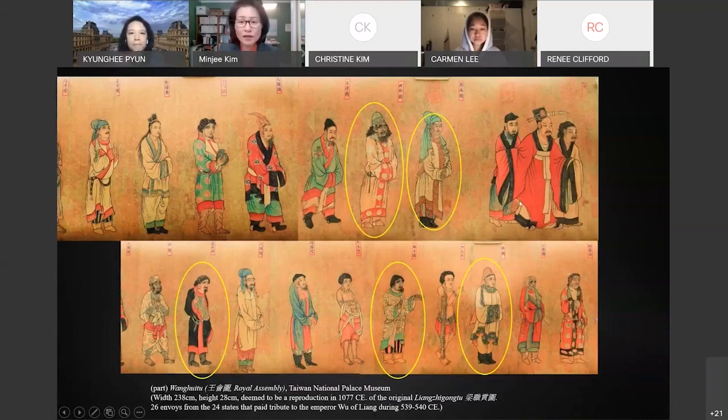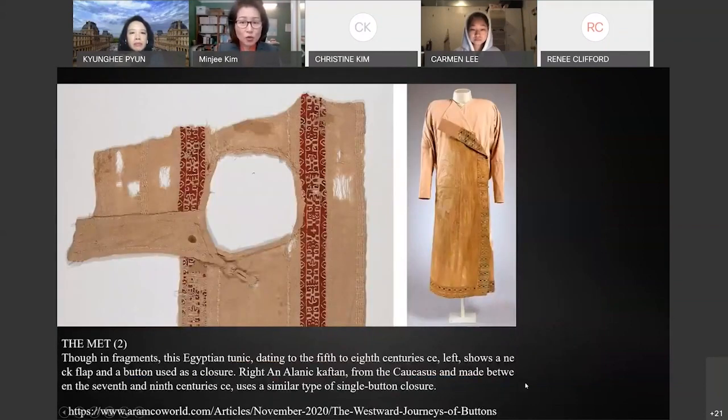So as I said, these are actually West Asian style clothing, but it was adopted and went to China, and then it formed a court official uniform, and that transmitted to Korea, Japan and the periphery countries. And this is actually from an Egyptian tunic, and you can tell this has a round neckband, and it is closed with a knot button. This one is from the Metropolitan Museum of Art collection, and this was excavated from the Iranian area, west of China.